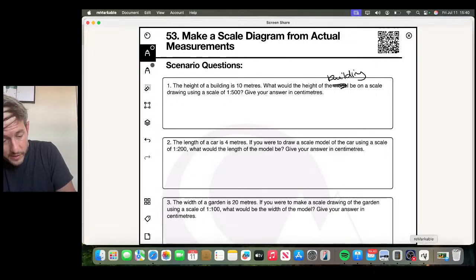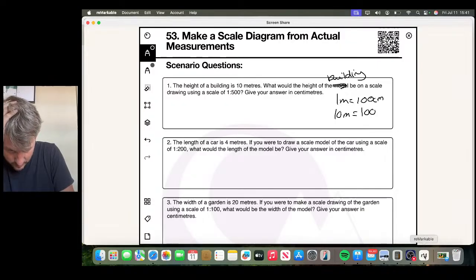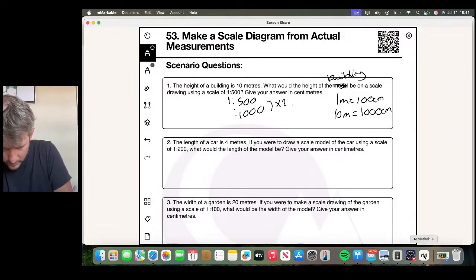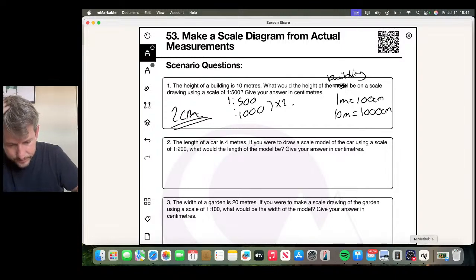So, let's convert the 10 metres into centimetres. 10 metres equals, well, 1 metre equals that. So the height of the building would be 2 centimetres.